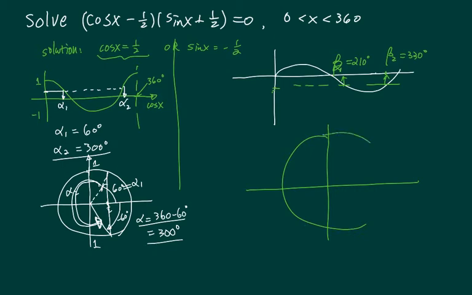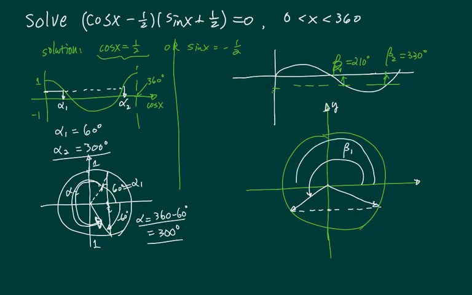Now sine is opposite over the radius, which is really saying that we're looking at a y value. So this is minus half, and here's angle 1, here's angle 2. Following the convention, this becomes our beta 1, and going all the way around, it's our beta 2.